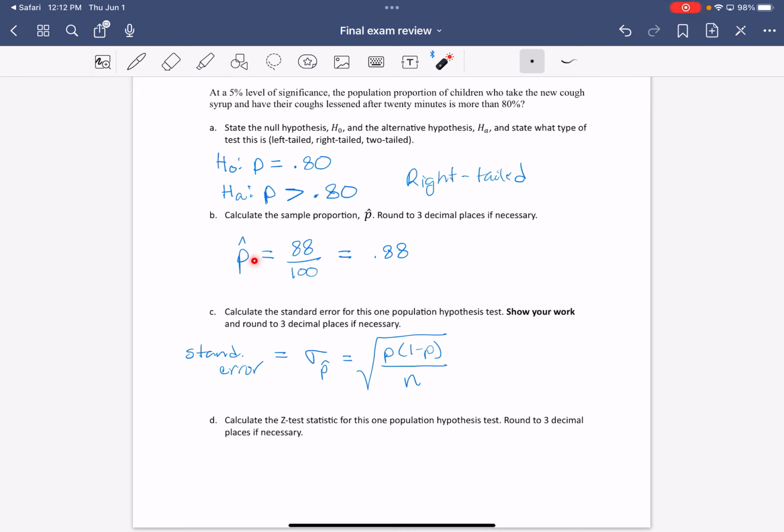P hat is the sample. That's not what it's asking for. It's asking for P, which you stated originally up here from the null hypothesis. So that'll be 0.80 times 1 minus 0.80 all over N. Remind me, what is N? The sample size. Good, the sample size. And what was our sample size in this problem? 100.